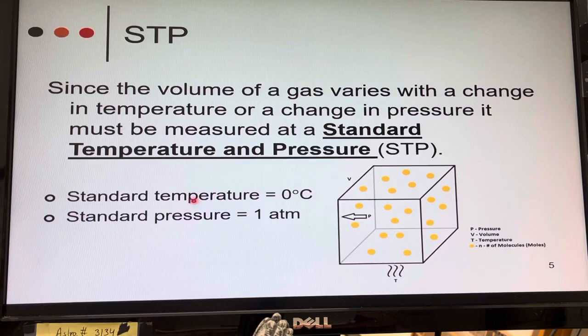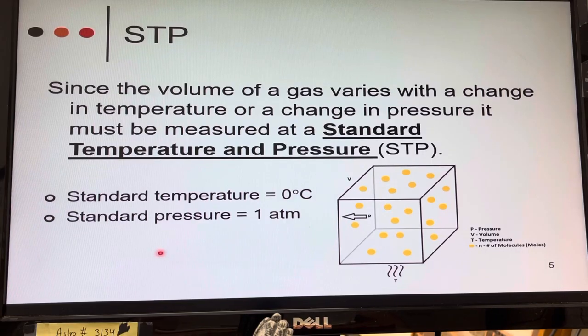All right, so what is STP? It is called standard temperature and pressure. And it's used because the volume of a gas varies with a change in temperature or a change in pressure. Once the temperature changes, once the pressure changes, the volume will change.